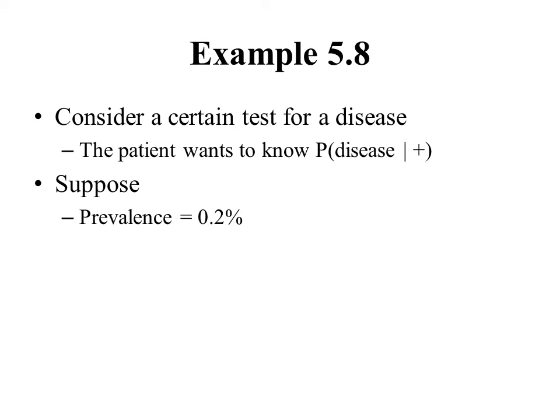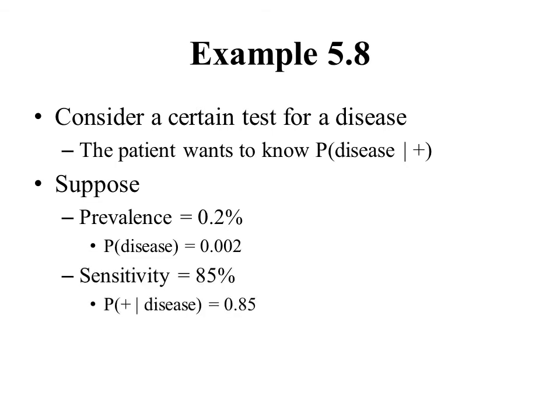Okay. So let's suppose that for this particular disease, the prevalence is 0.2%. That means that 0.2% of people have the disease, or in terms of probability, the probability that a randomly selected person has the disease is 0.002 when you convert this percentage to a decimal. Let's also suppose that the sensitivity of this test is 85%.